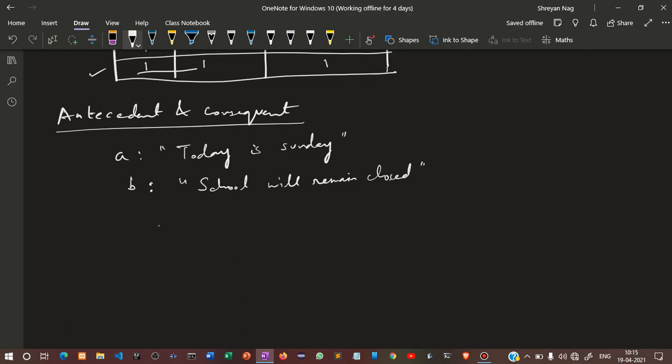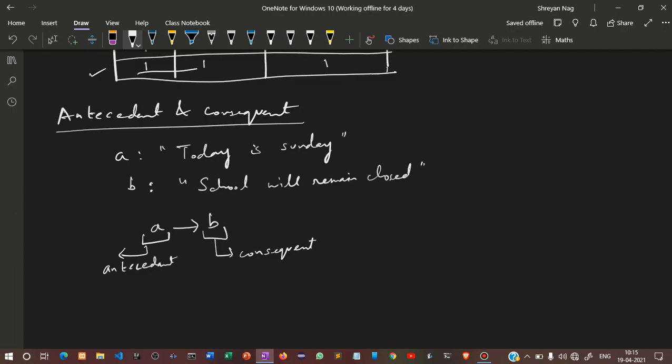Now if you write A implies B, this A part becomes your antecedent, and this B part becomes your consequent.